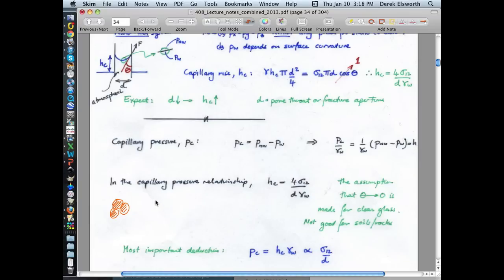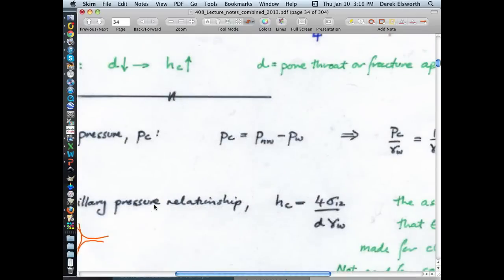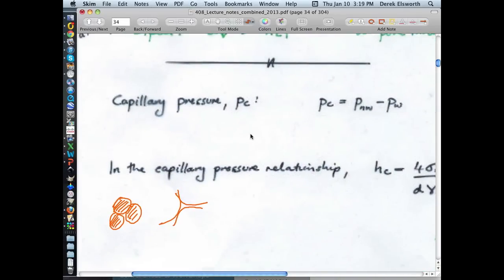And so if we blew up this connection between these solid grains, and I guess I didn't blow it up very much, you could think of this pore as having an equivalent radius. I've probably drawn it a bit big. But think of this as a little capillary tube which is present within this pore.